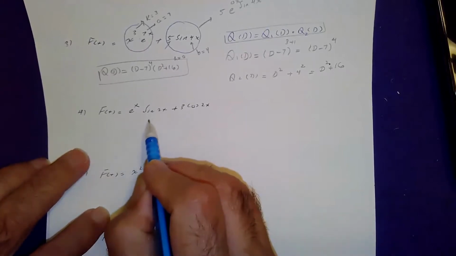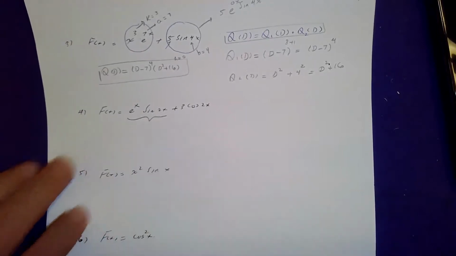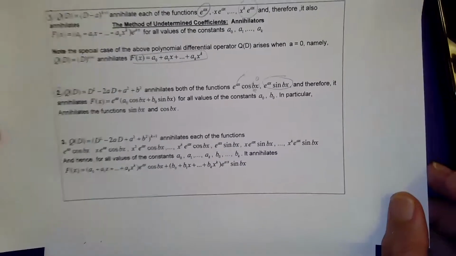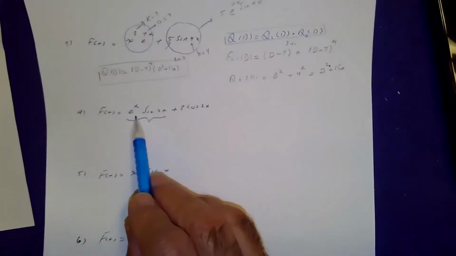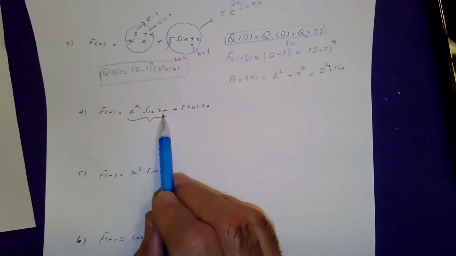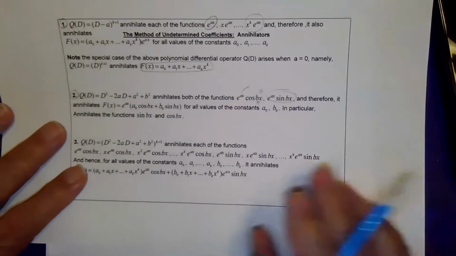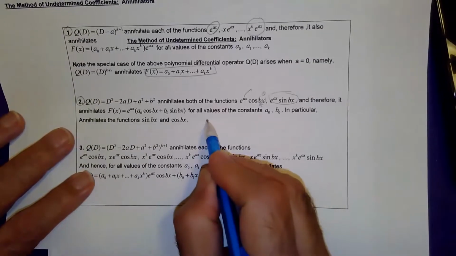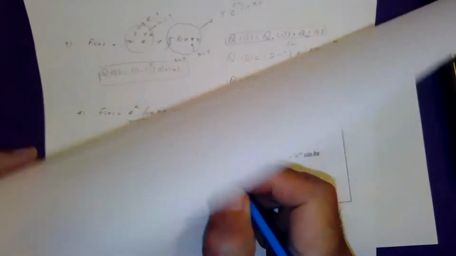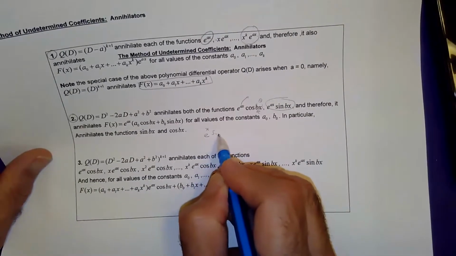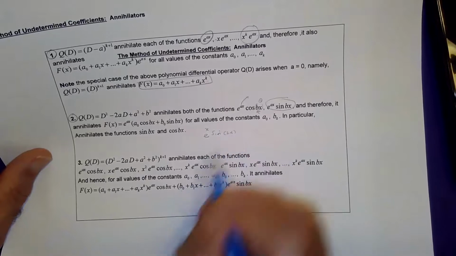Okay, what about this guy? Can you tell from this table what would be the annihilator for e to the x times sine of 2x? So remember what I have: e to the x sine of 2x.